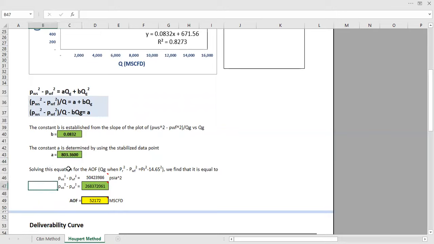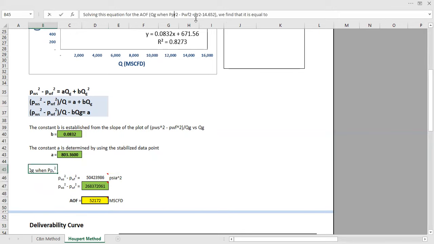Okay, and then let's read it with me. Solving this equation for the absolute open flow, or the flow rate when the PWS minus PWF, or sorry, this one, let me change it first. Okay.